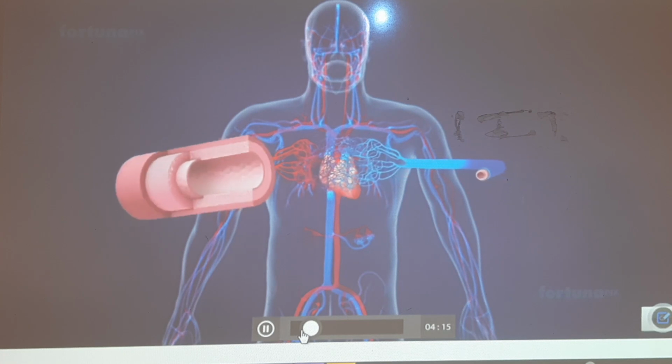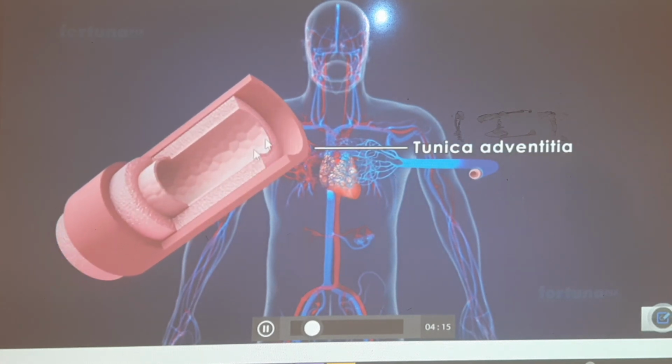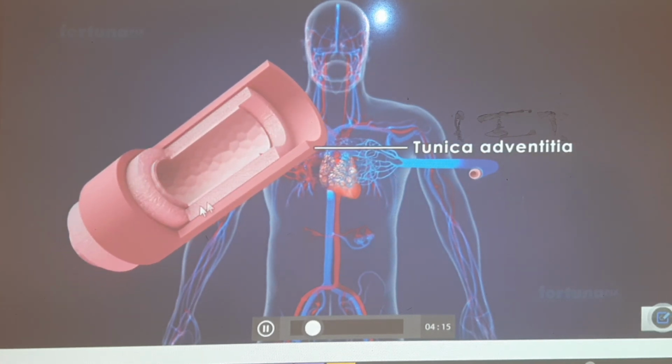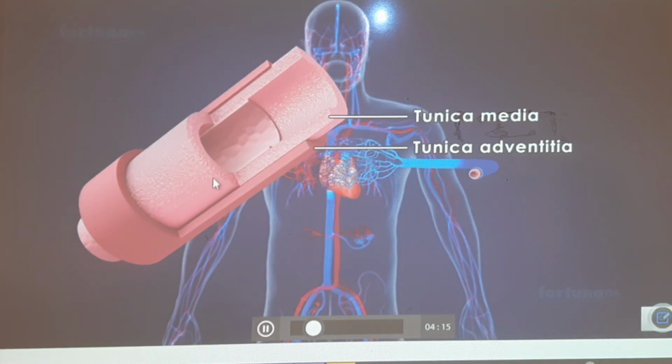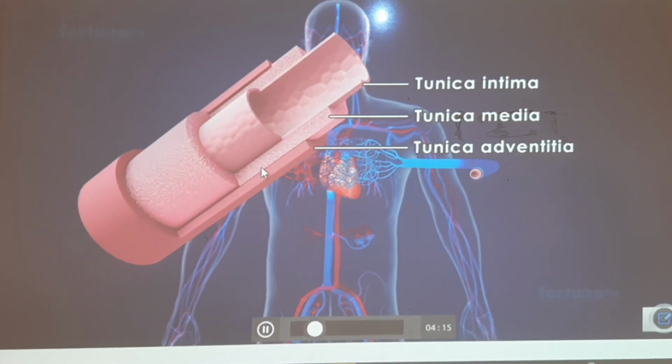Clear, all of you? Now let us study the structural peculiarities of arteries, veins and capillaries, and how far their structure is able to transport blood into different parts of the body. So dear children, this is the artery, and arteries have a thick wall.